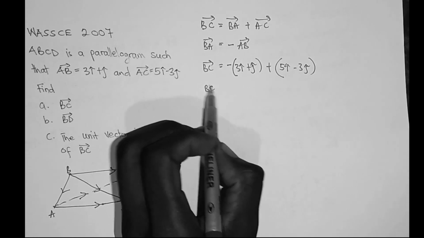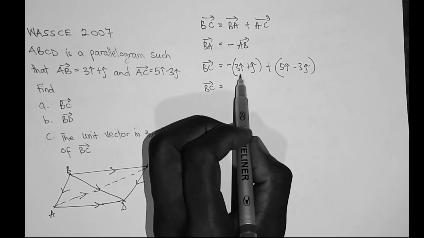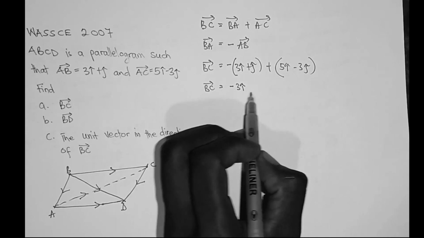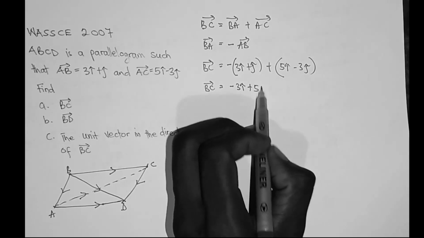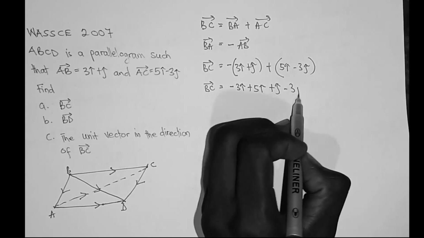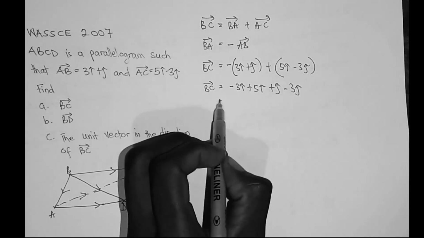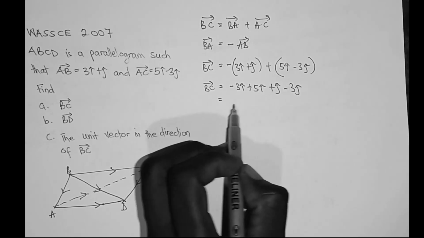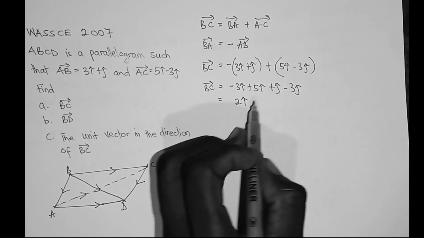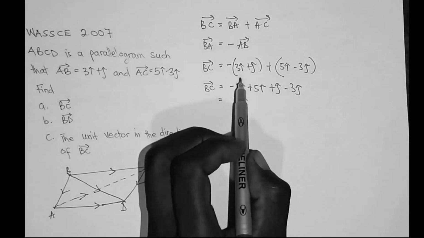So BC is equal to minus 3i plus 5i, then plus j minus 3j. So this is equal to minus 3i plus 5i is 2i. Sorry, I made a mistake here.